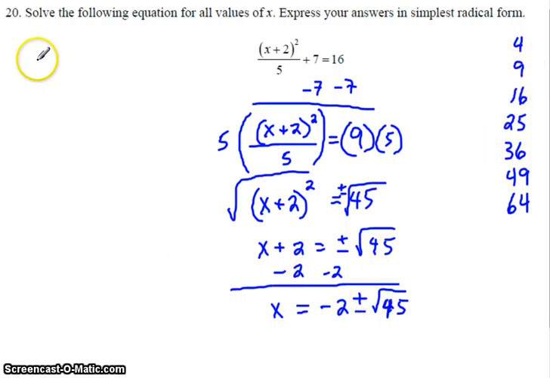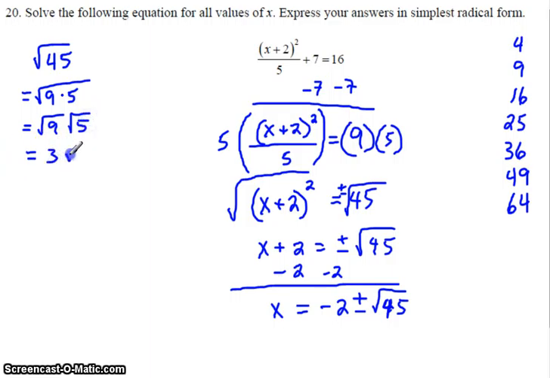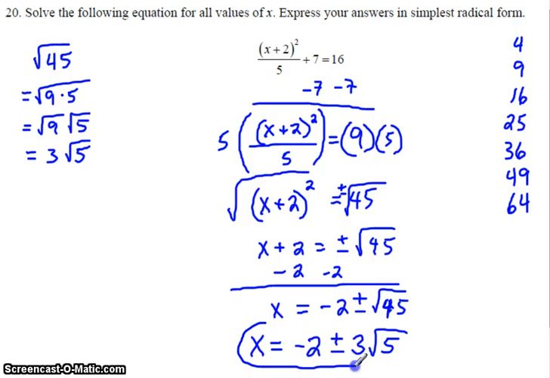So what I'm going to do up here is the square root of 45 is equal to the square root of 9 times 5. Break them both apart, and the square root of 9 is 3. So our final answer in simplest radical form is x equals negative 2 plus or minus 3 square roots of 5. And that is it.